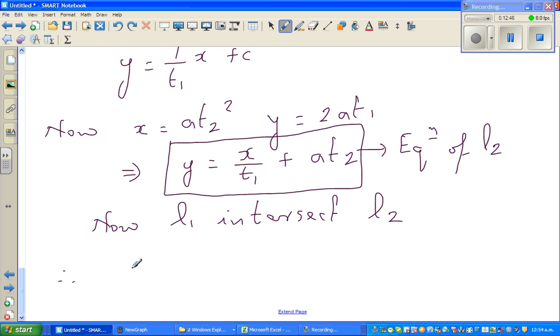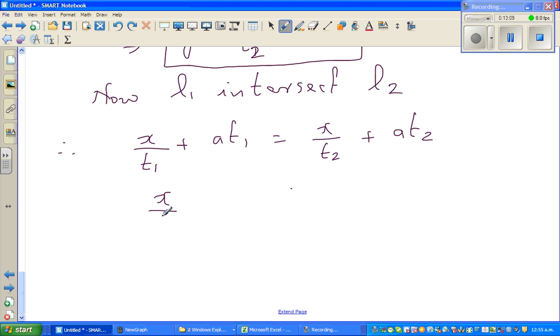Therefore I can say x over t1 plus at1 is equal to x over t2 plus at2. So let us simplify. Let's bring the x's together. So can I say x over t1 minus x over t2 is equal to at2 minus at1.